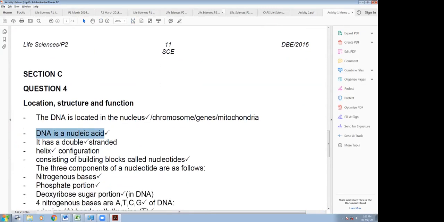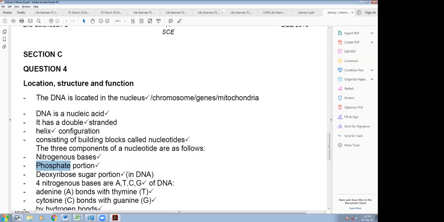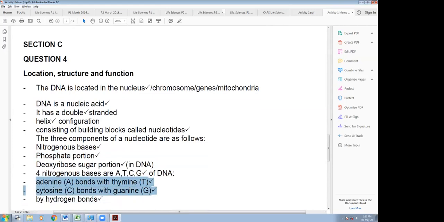It is double-stranded, and it's a helix, so we said it's the double helix. That's the 2 marks. It consists of nucleotides, which have nitrogenous bases, 1 mark, phosphate, and deoxyribose sugar. Then to name them is another mark, and then to talk about the specific bonding, A with T and C with G, is another mark, and they are joined by hydrogen bonds.